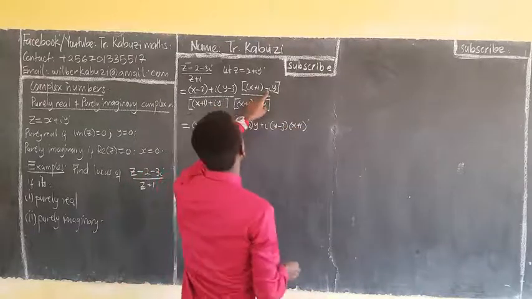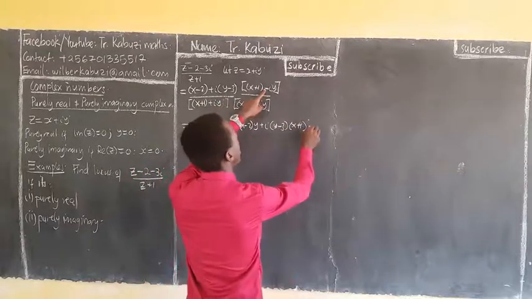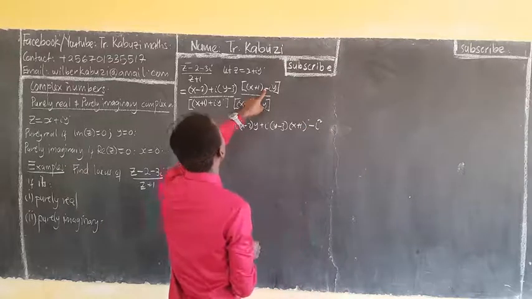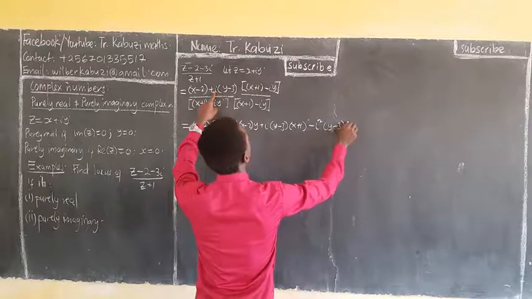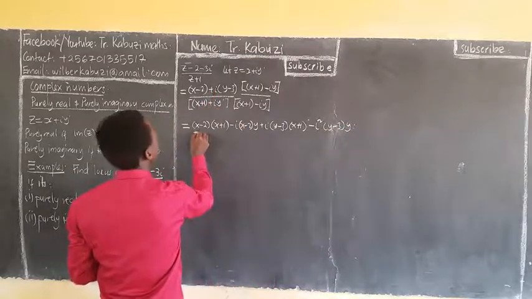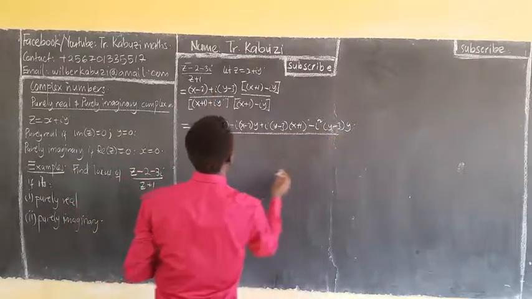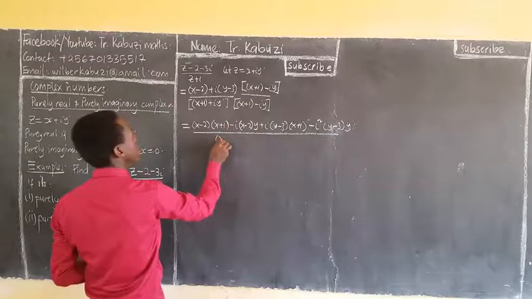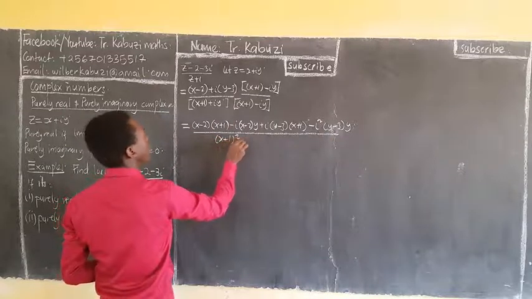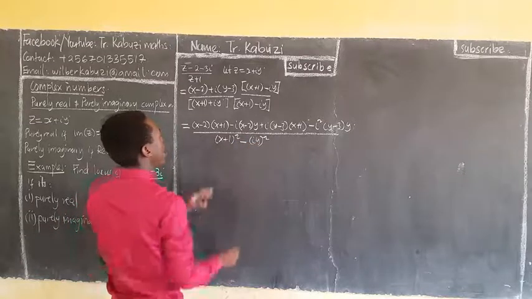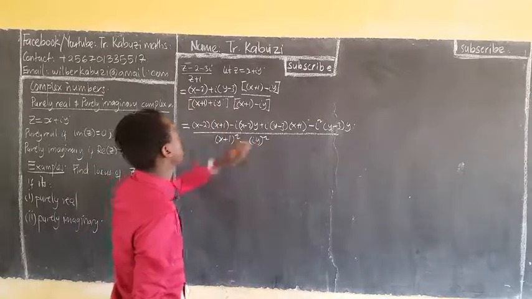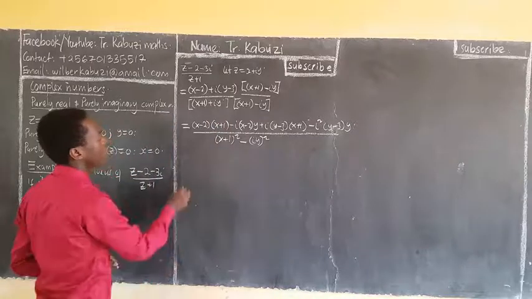Then a negative and a negative, I'll be having negative i squared, then y minus 3 into y. The whole thing over the difference of two squares: x plus 1 squared, then when I square this, I have y squared. The difference of two squares. So let us expand and see what we have.